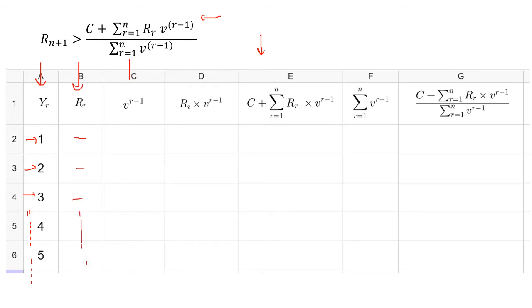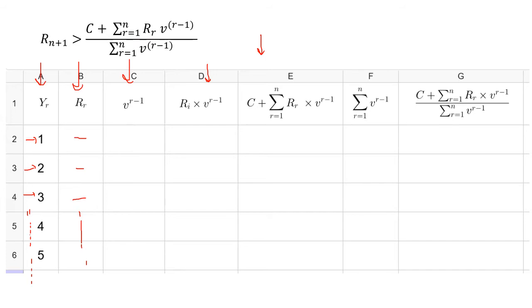Then in column C, we are going to calculate this term on the right hand side, which appears in the numerator as well as the denominator of the right hand side.